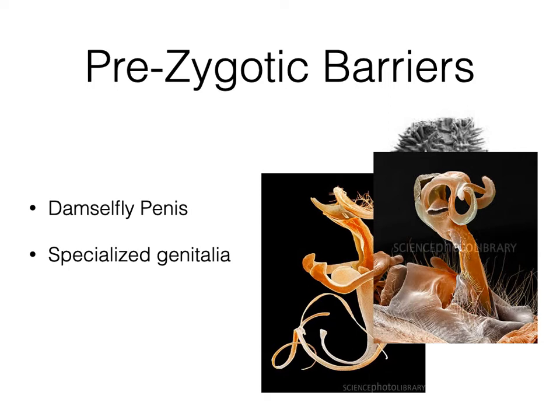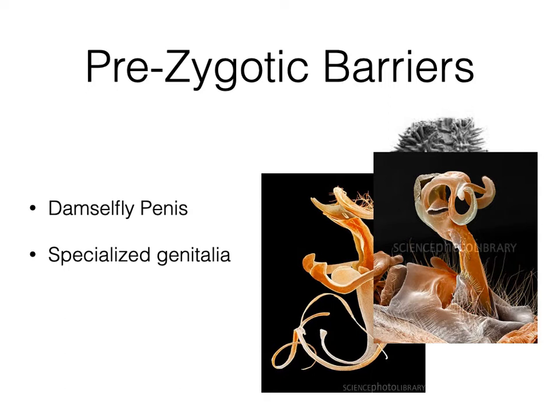And you can see from these pictures that all of these damselfly penises have a unique shape to them. And they are essentially a key that fits the lock for female damselflies. And so a damselfly with any one of these unique shaped penises is only able to mate with female damselflies of the same species. And this is one of the ways that pre-zygotic barriers are maintained.